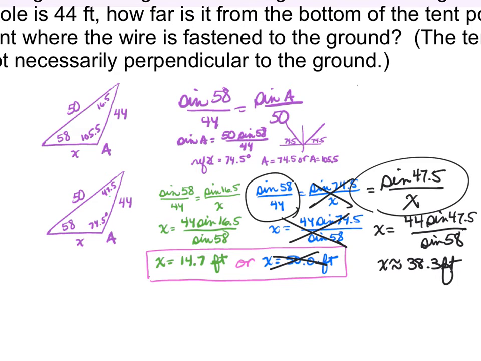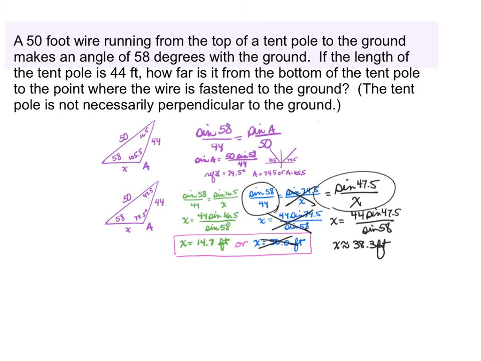So 38.3 feet. Now, why are there two options? Well, this is why. If you think about your tent and the pole is uneven, you can't tell which angle you're looking at. From the acute angle, you should see that it is here, and the obtuse angle over here.